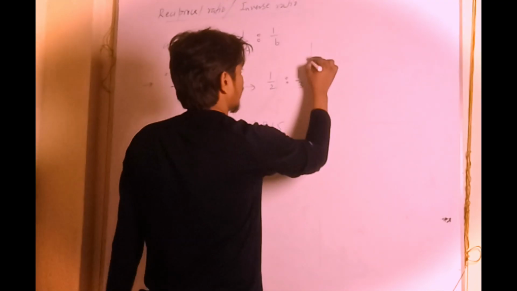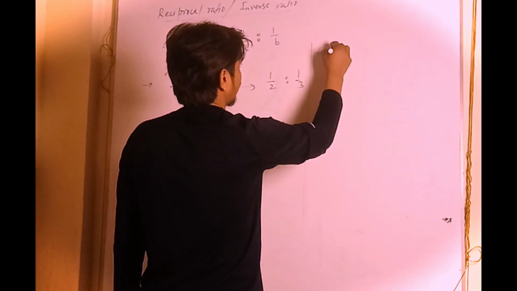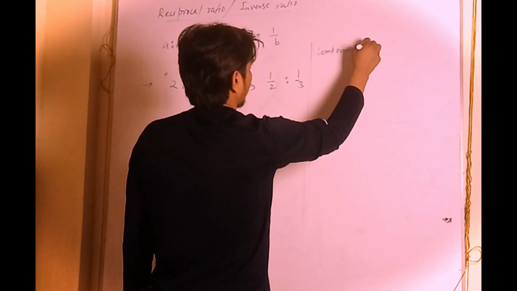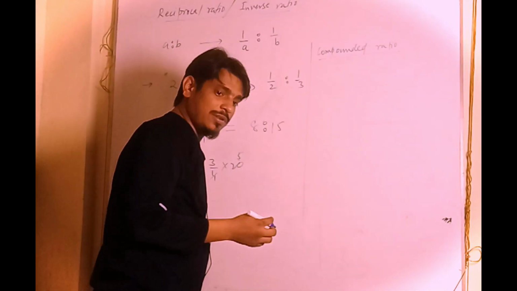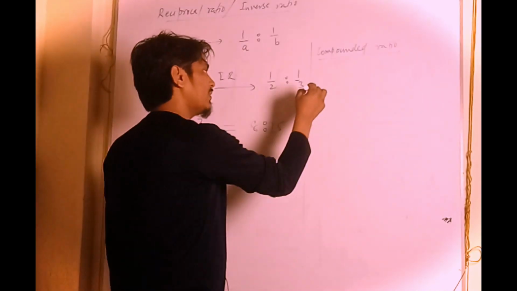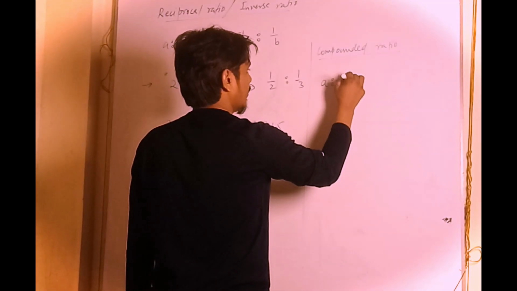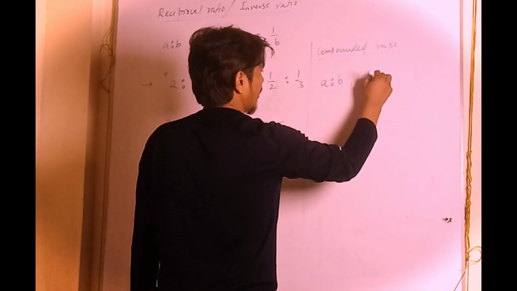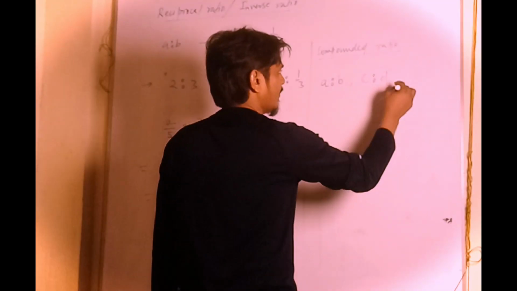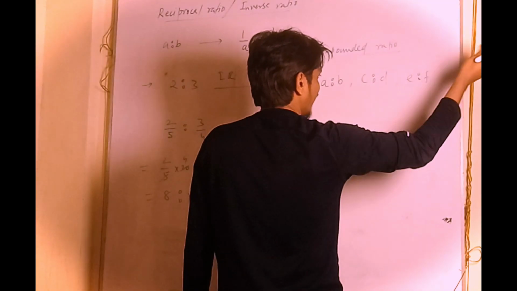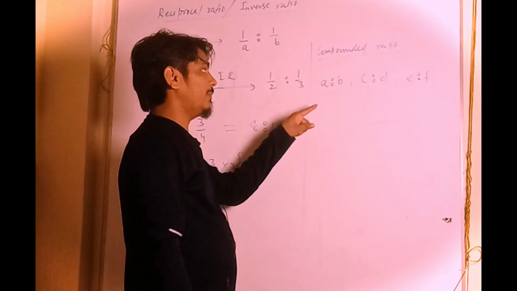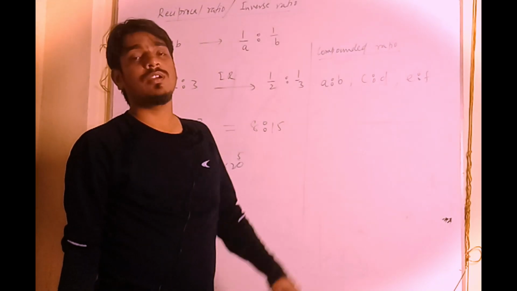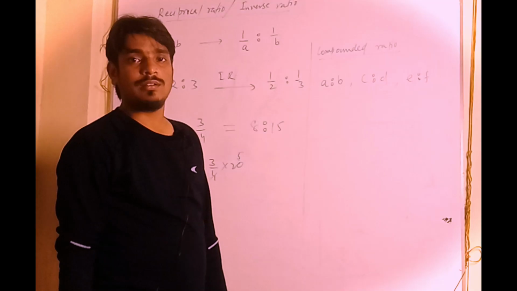Let's see another type of ratio, compounded ratio. If we are given two or more different ratios, let's say A ratio B, C ratio D, and E ratio F, then their compound ratio is obtained by multiplying their corresponding antecedents and consequents.